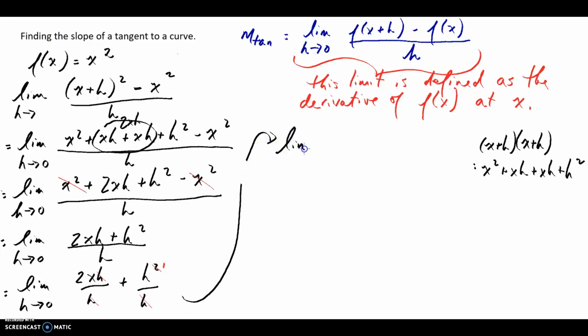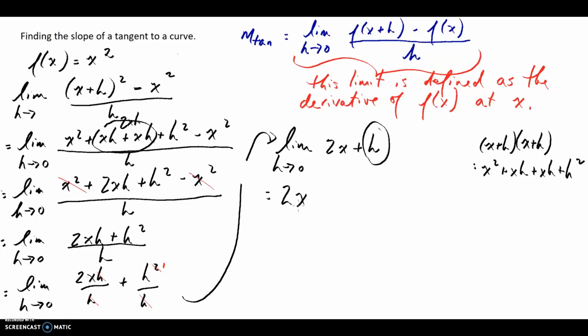The limit as h goes to 0 of the first term is 2x, and the second term is just an h in the numerator over 1, so plus h. And now we can find the limit of this function. As h approaches 0, that term will approach 0, and so this is just equal to 2x.